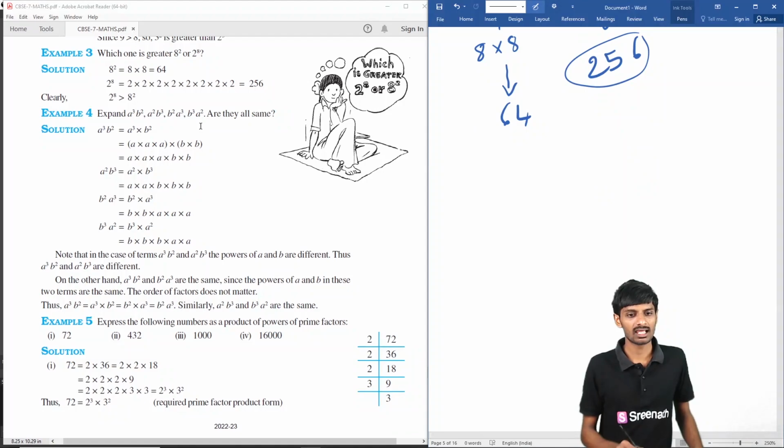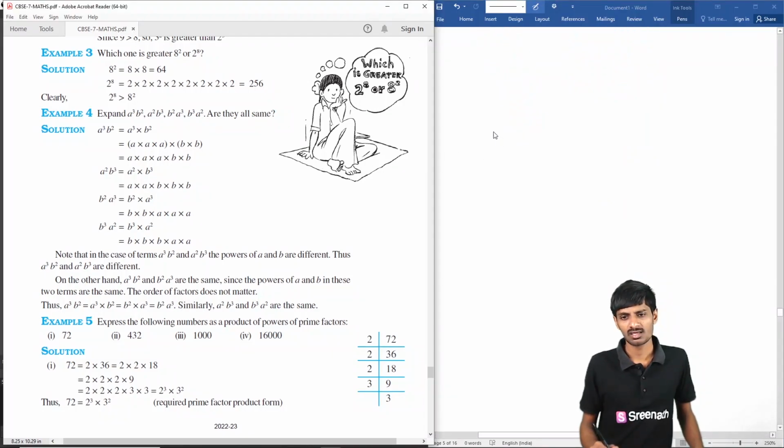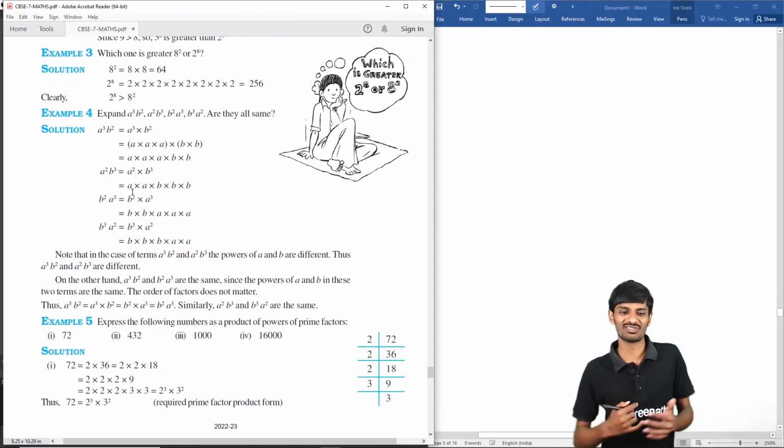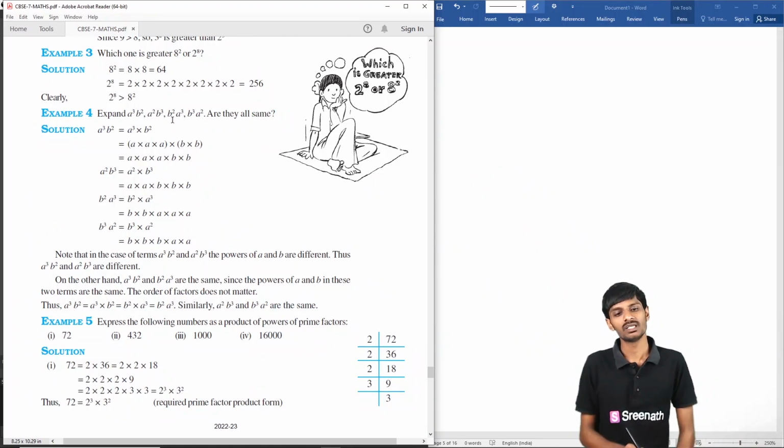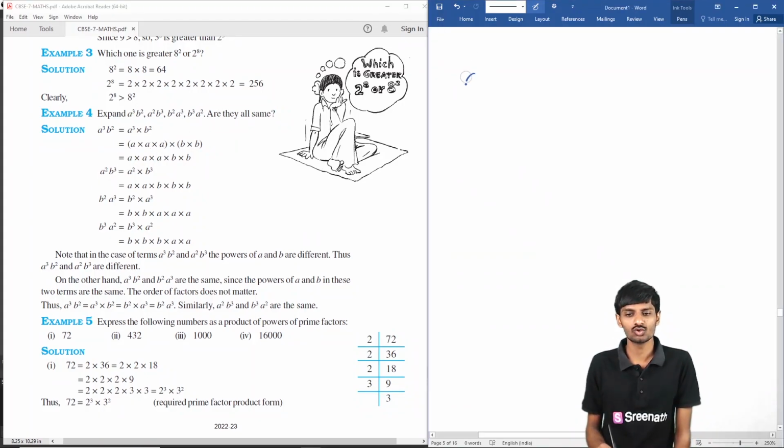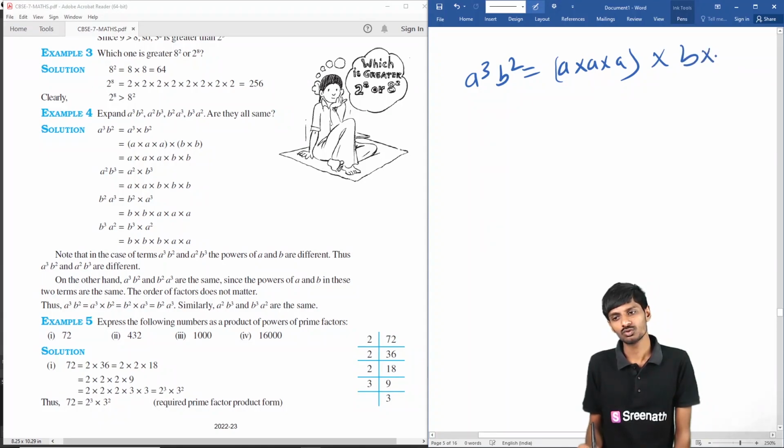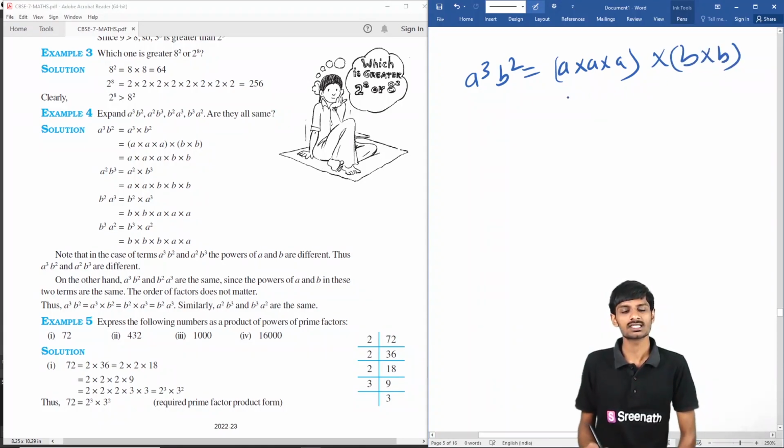So I will help you to write this. It is somewhat big, so that you will get some fear. So expand a cube b square, b cube a square, b square a cube, and b cube a square. They are all same? Now if you take a cube and b square, it is a into a into a into b into b.